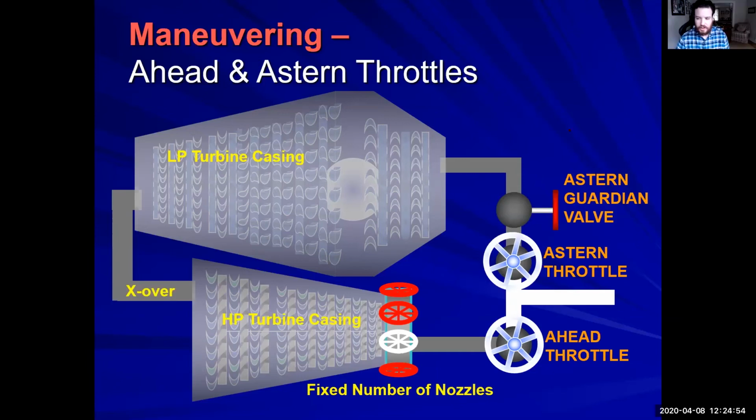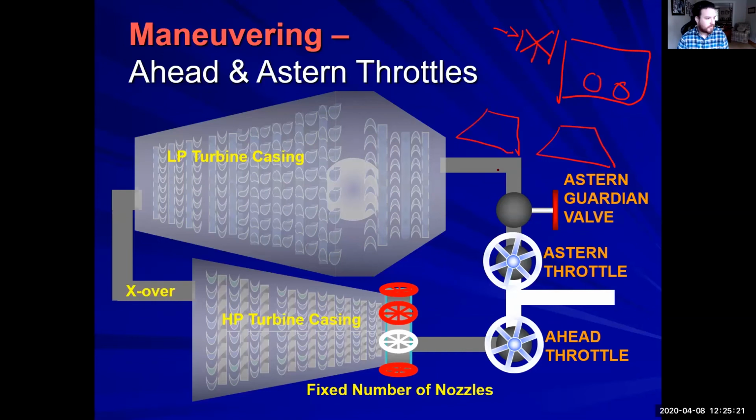Yeah, so when you're looking at your throttle box, all right, and you have your astern and your forward, there's a big valve right here, and that is your astern guardian valve, okay? If you're looking at this box, both the high pressure turbine would be here, and the low pressure turbine is right here, okay? You technically at this point would be looking forward on the vessel.